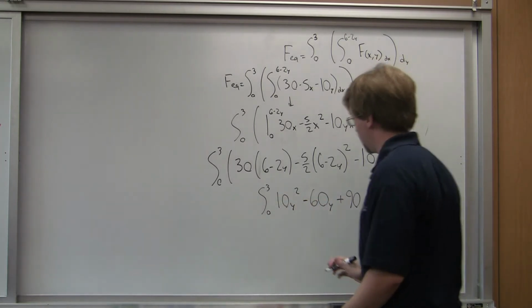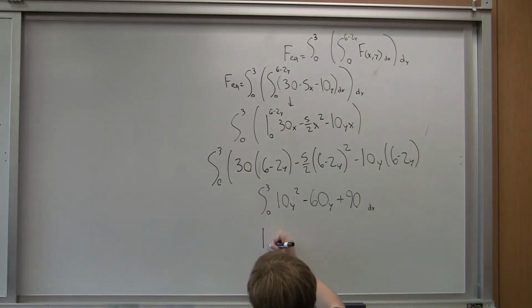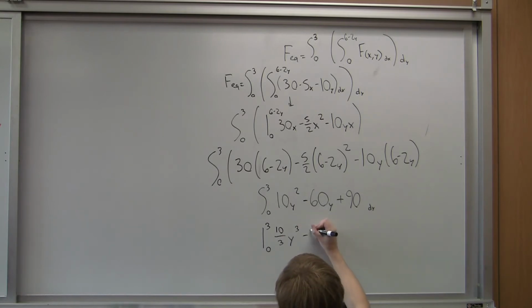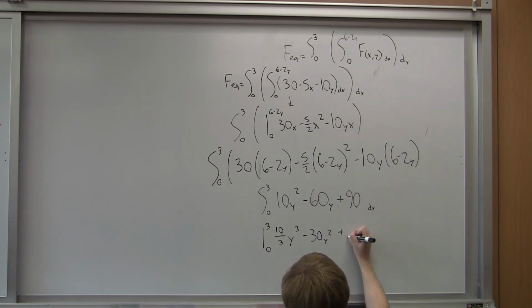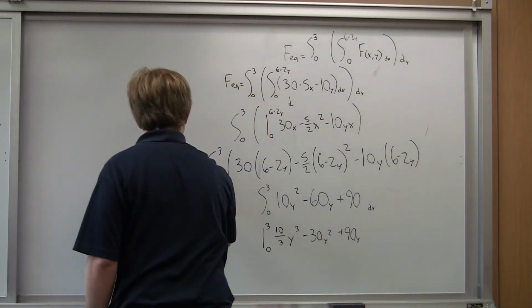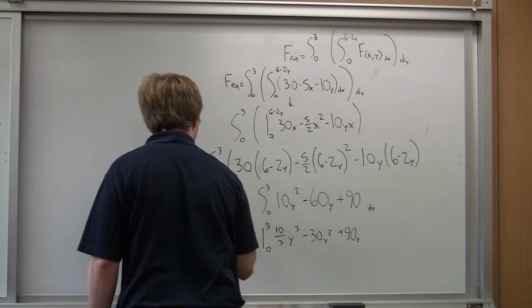Integral of this with respect to y, going from 0 to 3, we're going to get 10/3 y cubed minus 30 y squared plus 90y. And so this is FEQ.